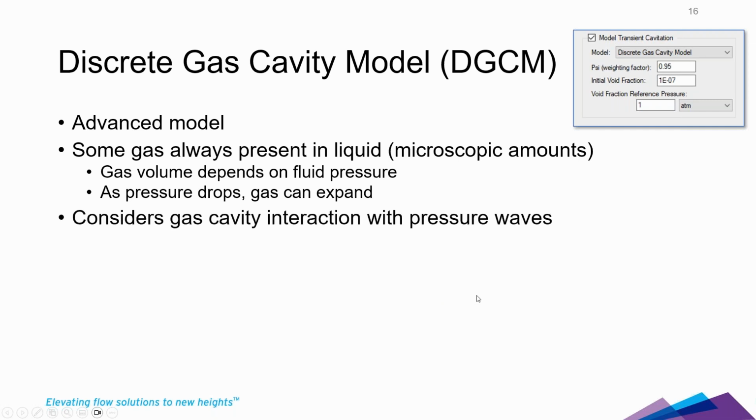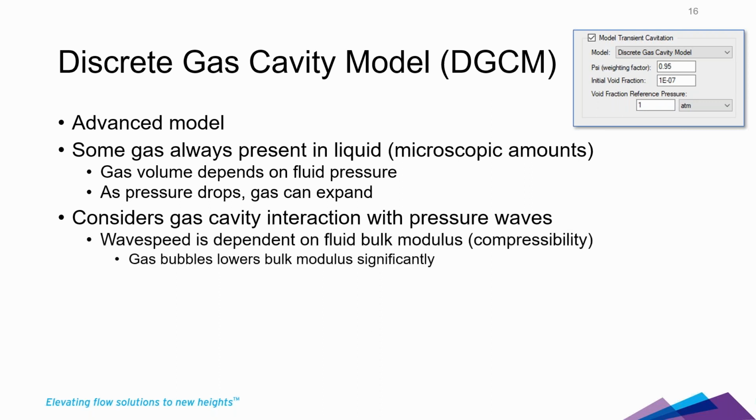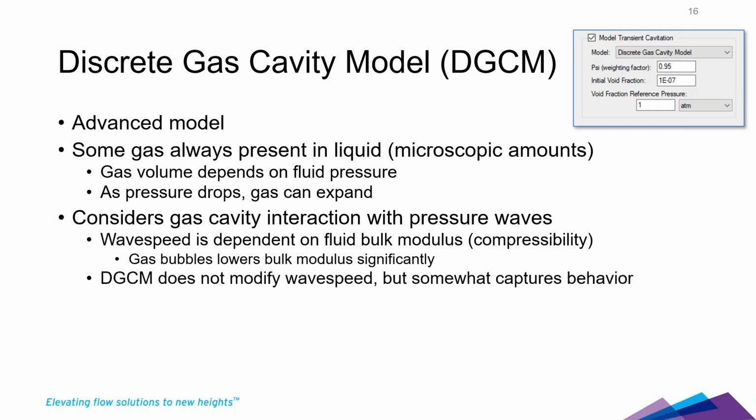And so when this happens, this allows your pipe stations to interact a little bit better with the pressure waves. We're still assuming a constant wave speed, but it's just the nature of how the gas cavity model works. It doesn't change the wave speed when there's cavitation, but it has the ability to kind of mimic a modified wave speed behavior.